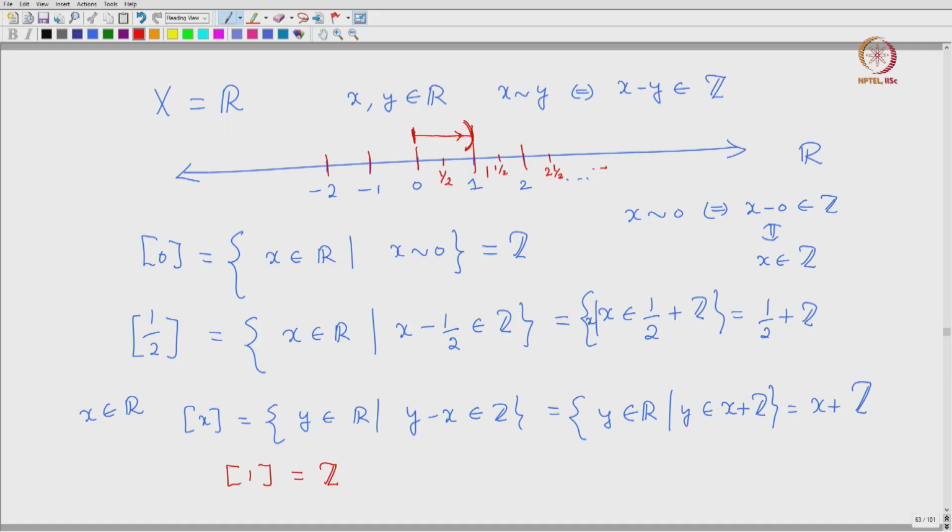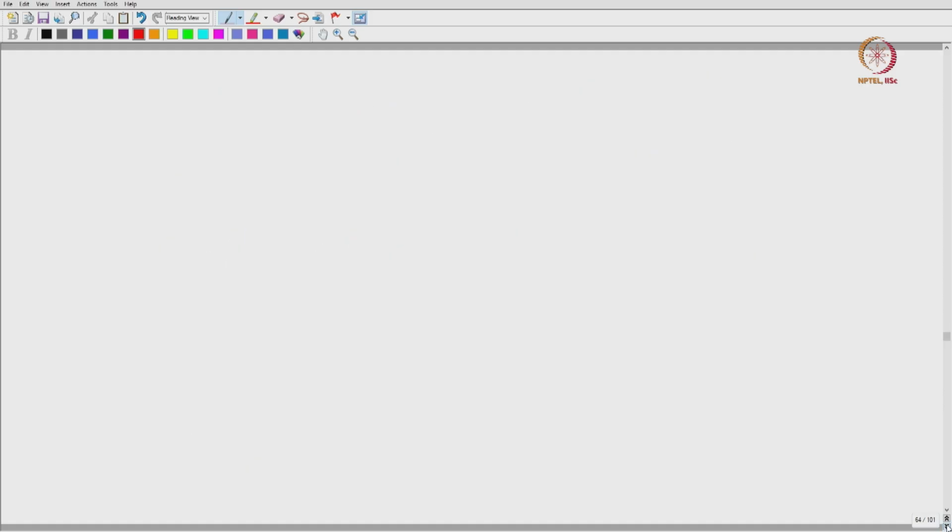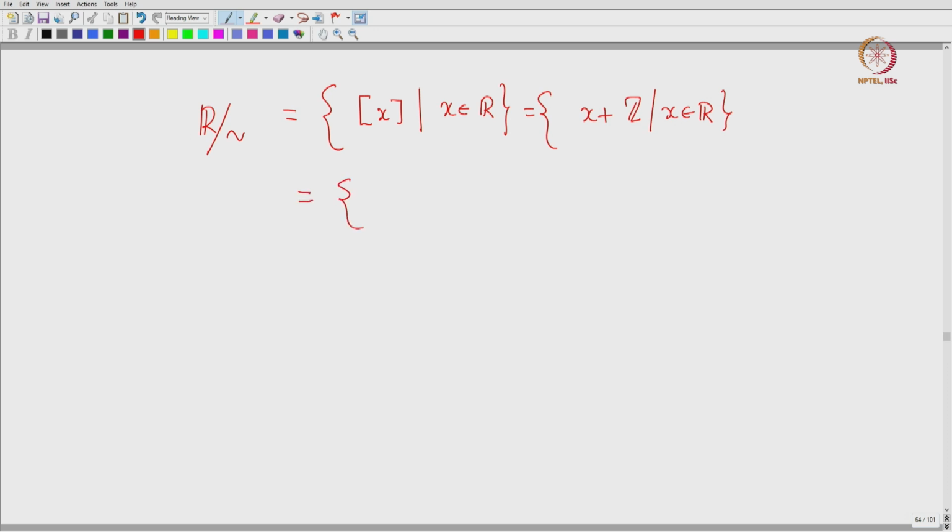line segment. So, that means what we are having is actually this R mod tilde, which is the set of all equivalence classes, denoted by the class of x, where x comes from R. Which is the same as saying x plus Z, where x comes from R. So, this, if you think about it, is parameterized as follows.